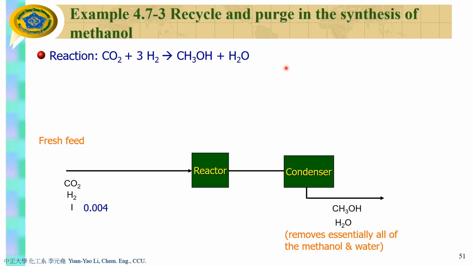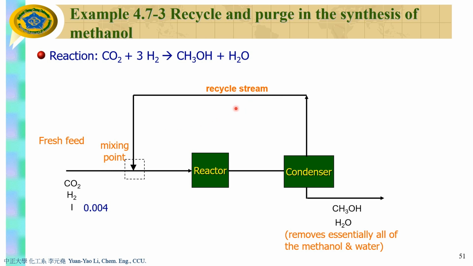All the things in the gas phase you recycle back to the reactor and join together with the fresh feed. And because you have an inert gas, which will build up in this system, you need to have a purge stream on the recycle stream. So this is all we know according to this information.